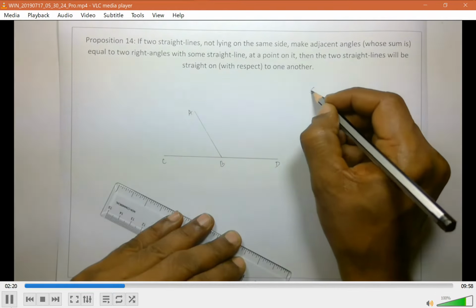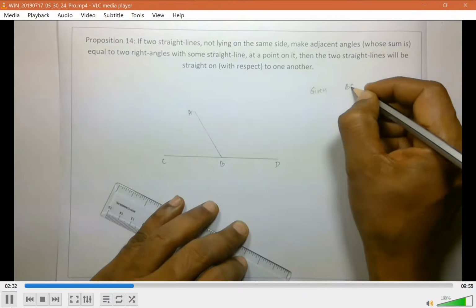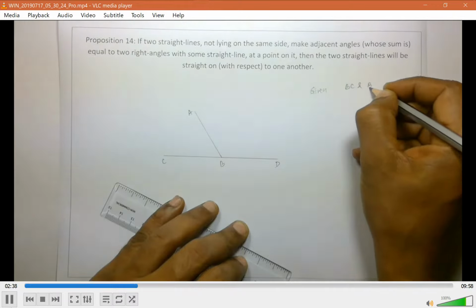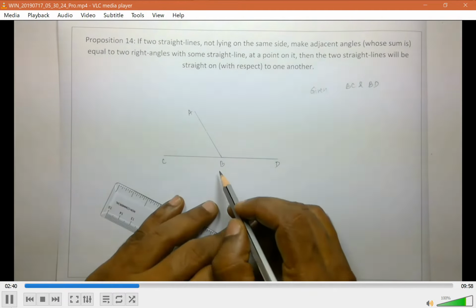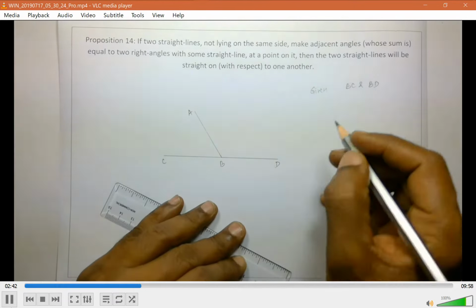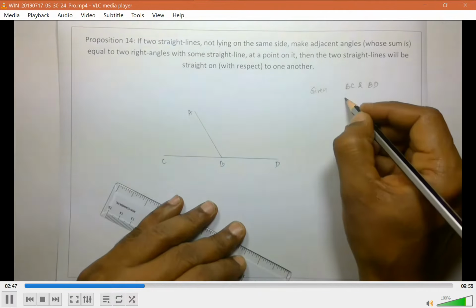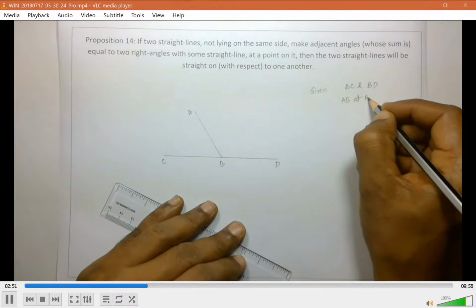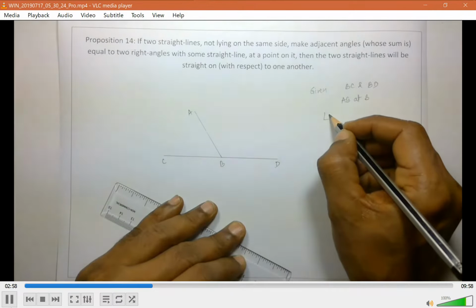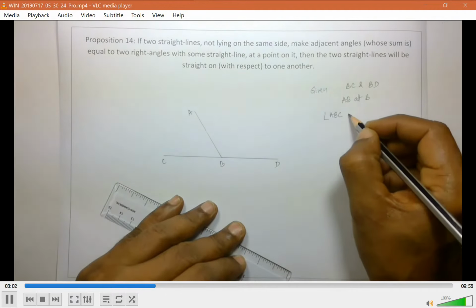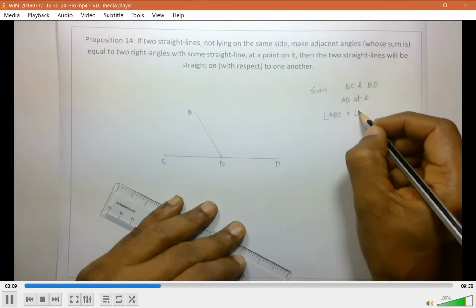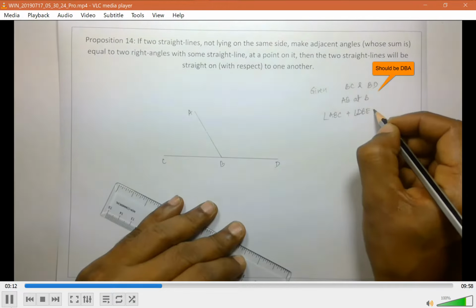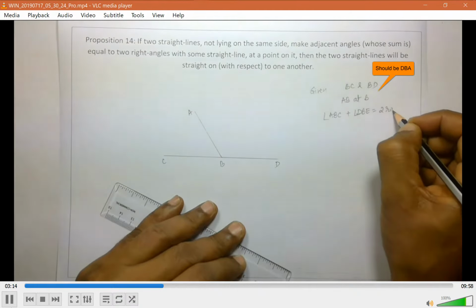Now what we have been given is BC and BD, two straight lines, and another line at B, and we are given that angle ABC plus angle DBE is equal to two right angles.